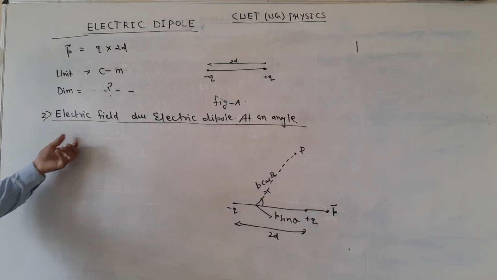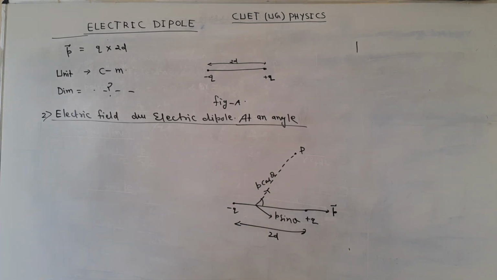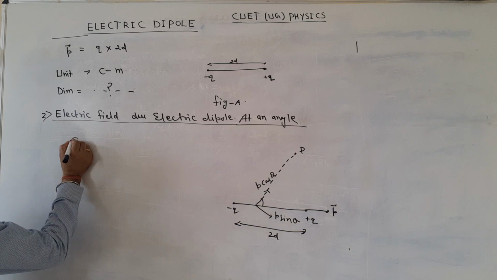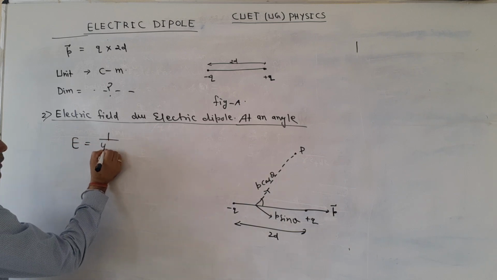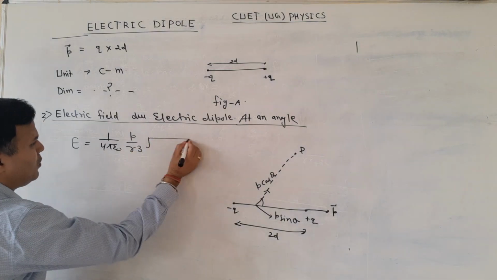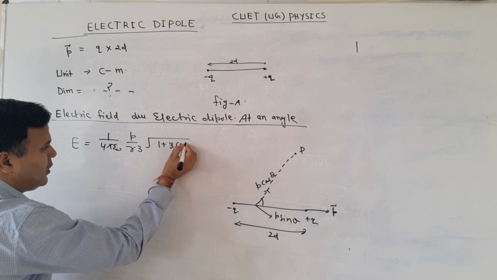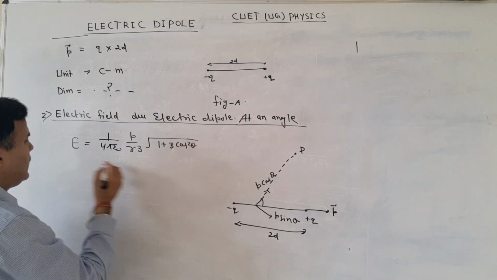In this case, electric field due to an electric dipole at an angle, the direct expression is E equal to 1 upon 4 pi epsilon 0 p by r cube under root 1 plus 3 cos square theta.